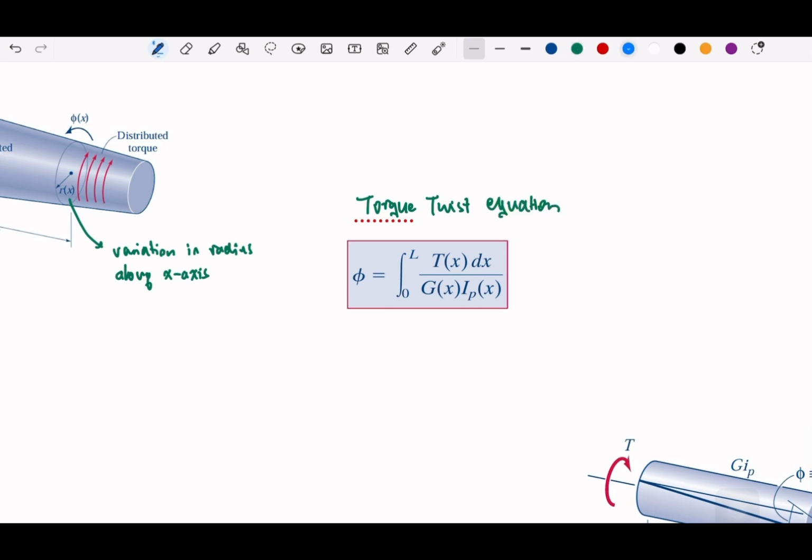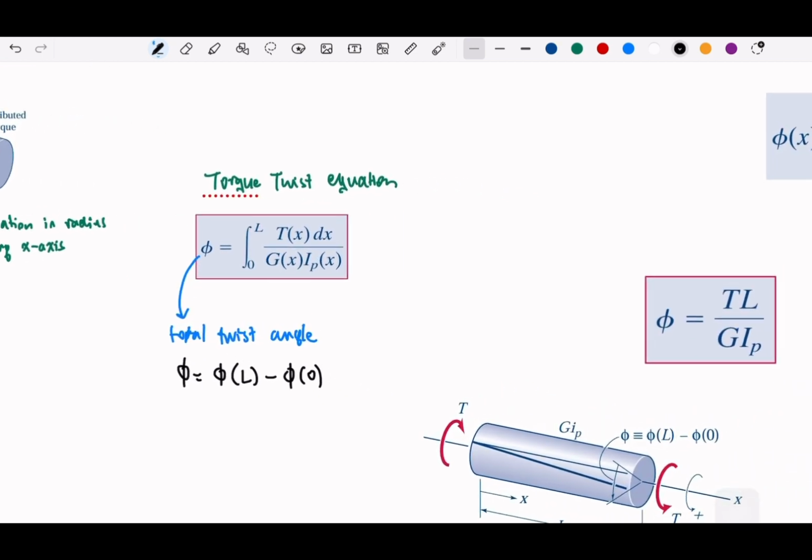Where the angle, this is the total angle of twist, or total twist angle. Or we can write this psi is psi of L minus psi of the origin point.